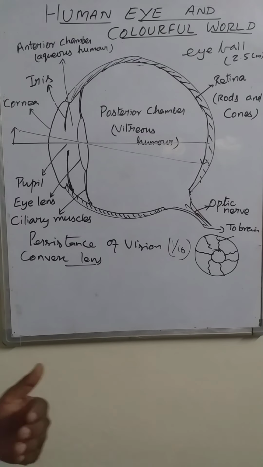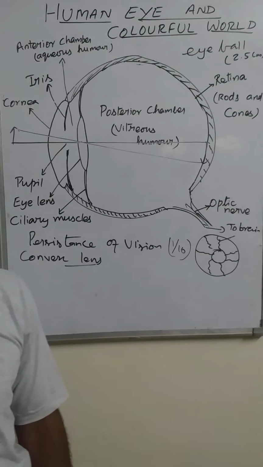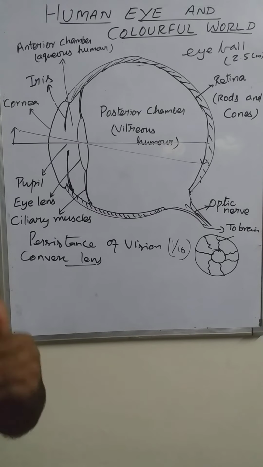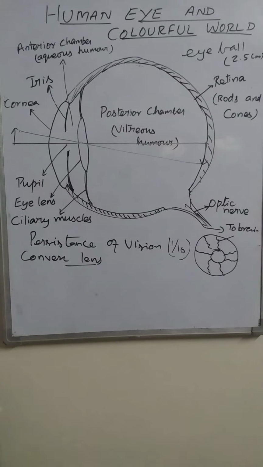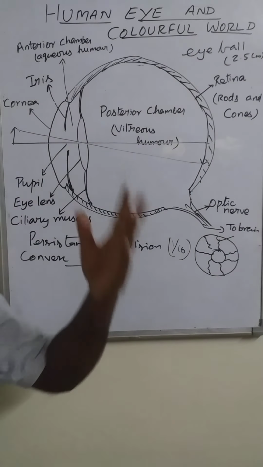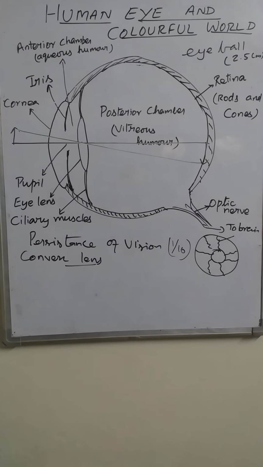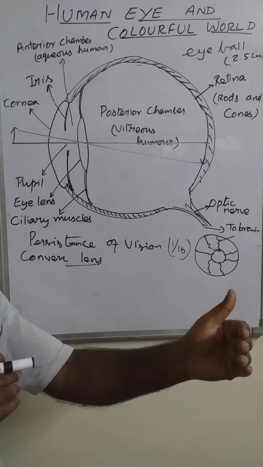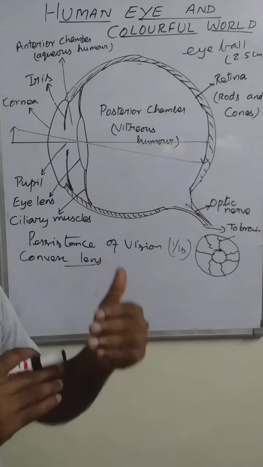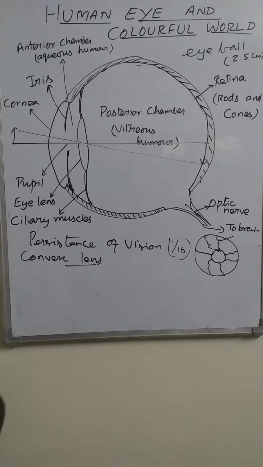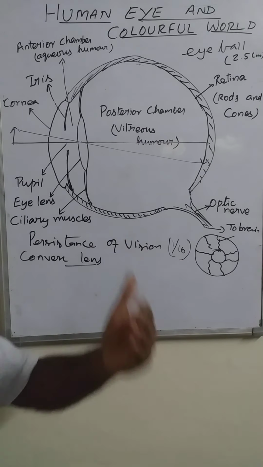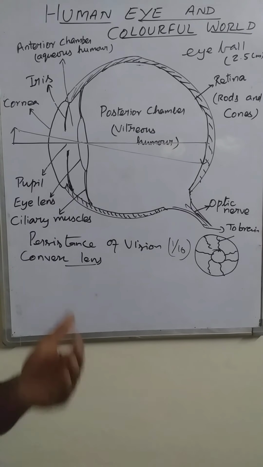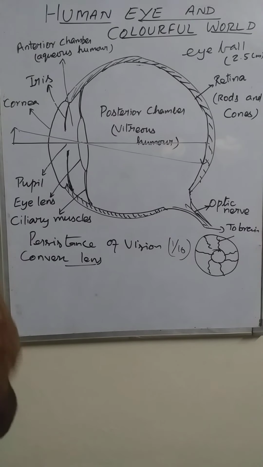The object may be placed nearer to us, or it may be placed far away from us at a very long distance. For a longer distance, the focal length of the eye lens must be longer. For a nearer, shorter-distance object, the focal length must be small. According to that, the lens is able to change its focal length.